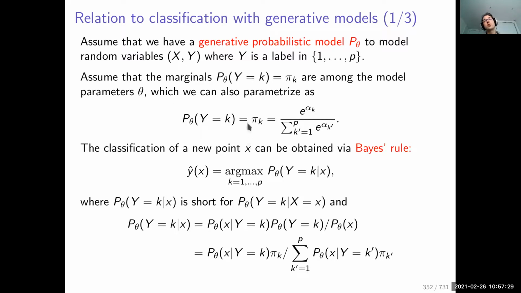And to simplify some computation, we are also going to assume that this pi k, which represents simply the entries of a vector that sums to 1, can be also parameterized by some quantities alpha k. So this is simply a change of variable, which is pretty basic.